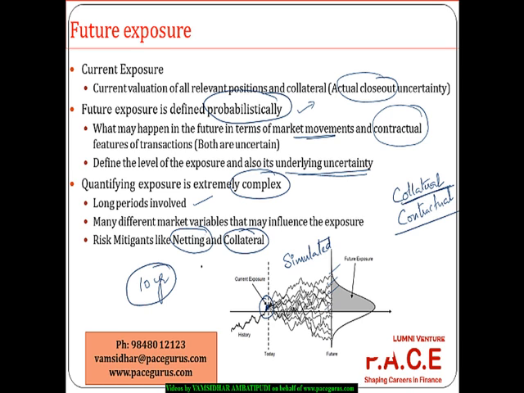The netting process is not just for one single exposure that I am trying to compute. Once I compute the value for one of the instruments, I have to net them across different points in time, and each of the collaterals could be influenced by different market variables. The different market variables may change differently, so quantifying the exposure in the future is a very painstaking activity.